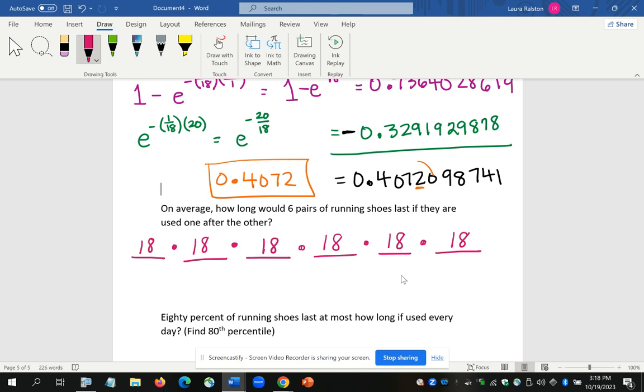So if I have 6 of them and each one lasts 18 months, 18 times 18 times 18 times 18 times 18 times 18. 18 times itself 6 times. It would last, wow, let me get this number written down. 34,012,224 months. That's a long time.